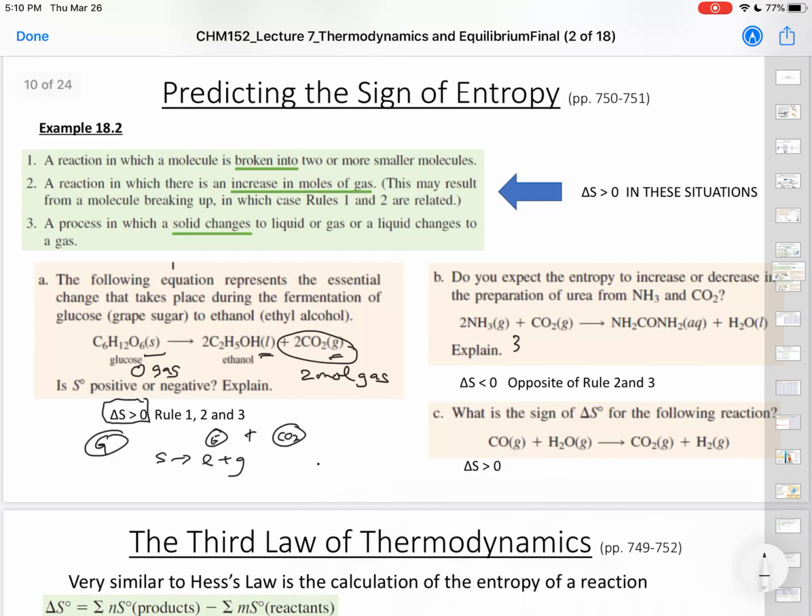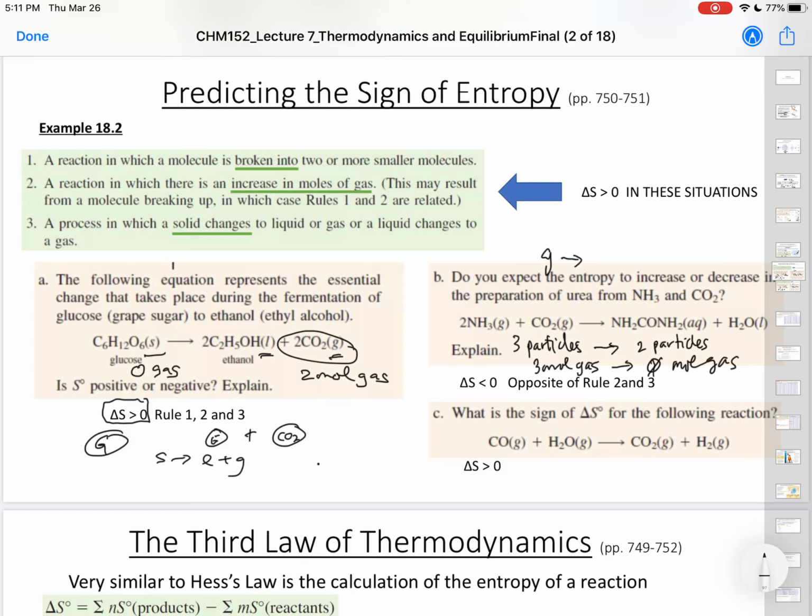2 plus, let's just call it 3. You have 3 particles, and then here you have 2 particles. So that is the opposite of rule number 1. Then rule number 2, you have 3 moles of gas and 0 moles of gas.